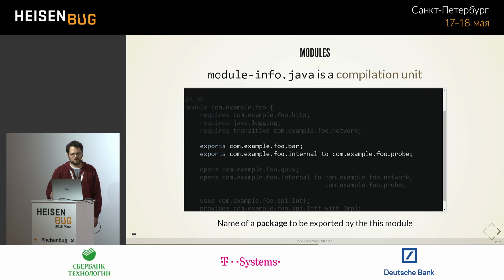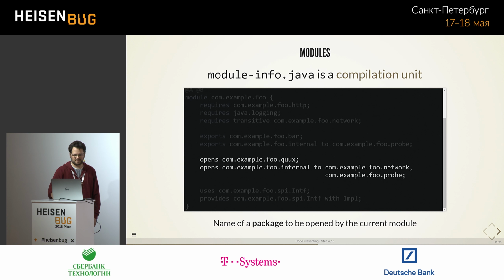Here it says which packages are exported out of the jar file, so which packages are usable to the outside. The first one is generally usable from every other module. The second one is a directed, or named, export, so you can control who uses this internal package. Maybe one of your own modules needs it.